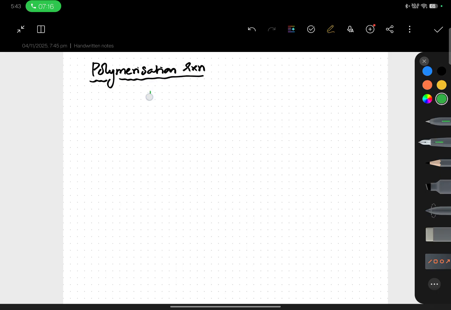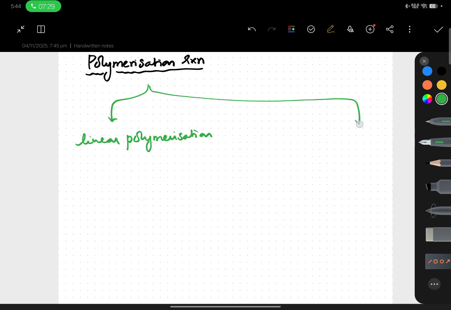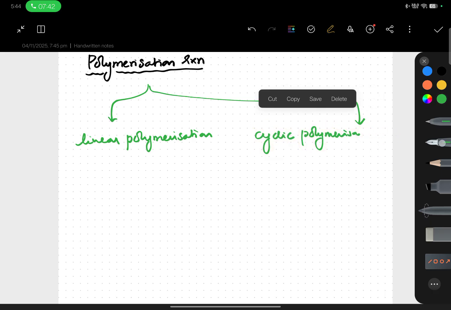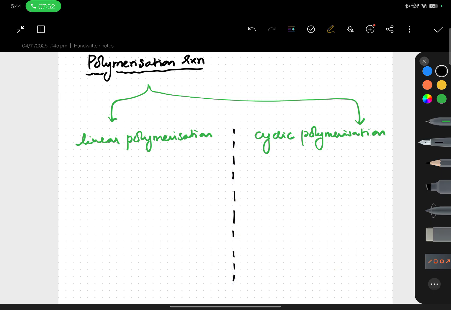When you say polymerization, there are two types: one is called linear polymerization reaction, another one is cyclic polymerization reaction. When you say linear, that means it's going to be in a straight chain.